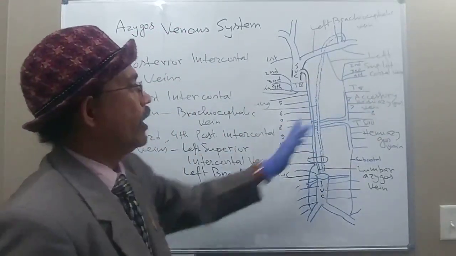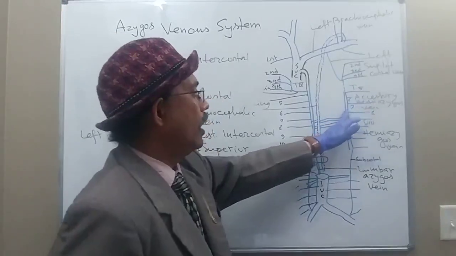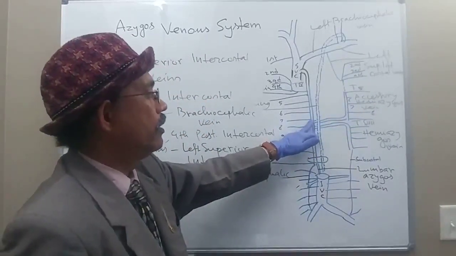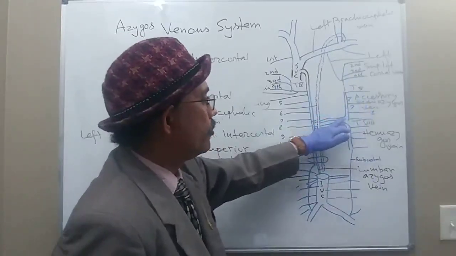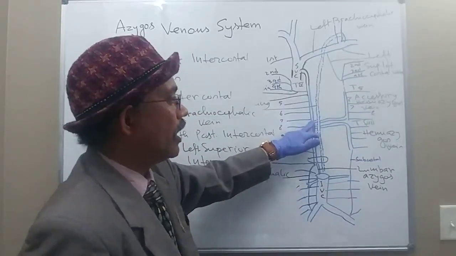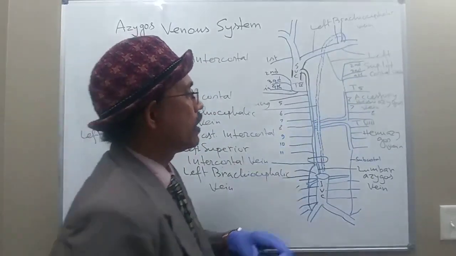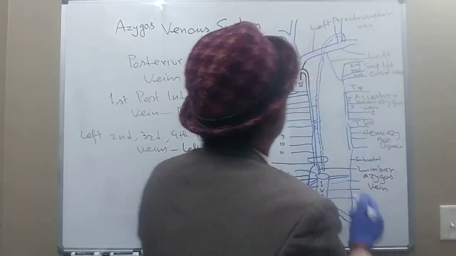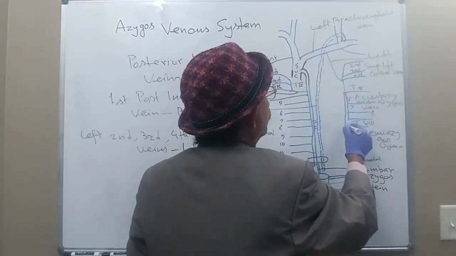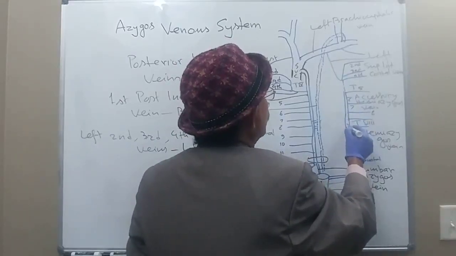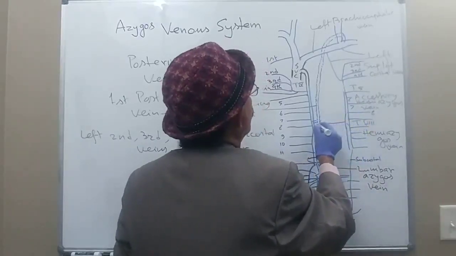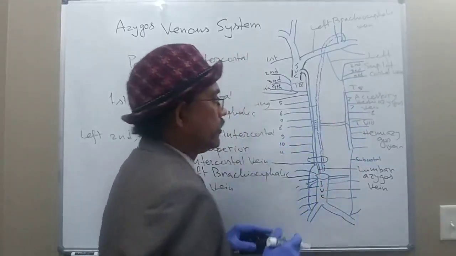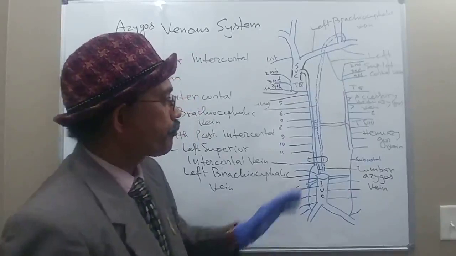Okay. Where does the accessory hemiazygos vein open? It opens into the azygos vein at the level of T8. We may have one common opening for the accessory hemiazygos and hemiazygos veins underneath the thoracic duct.